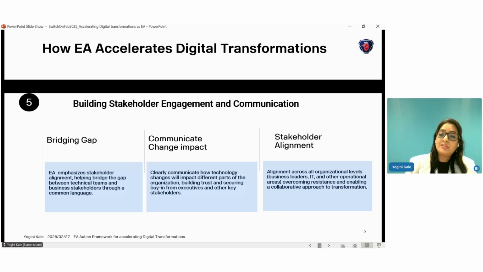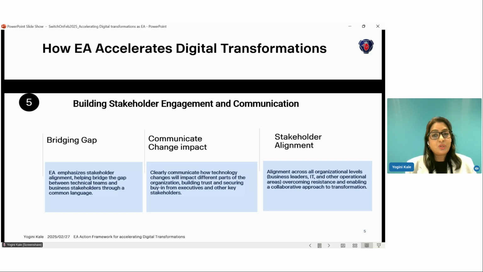Because when they understand what this change means to them and what impact it will have, we have buy-in from all of these organizational levels, and it builds collaboration within the organization, which essentially accelerates transformation. So this was a little bit about how enterprise architects can accelerate digital transformations.